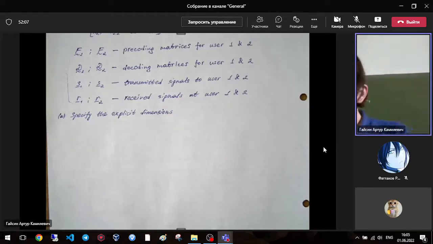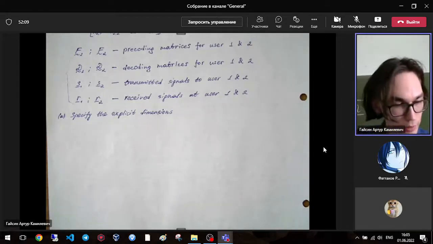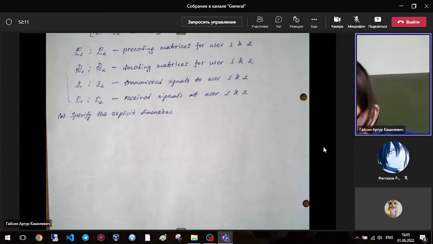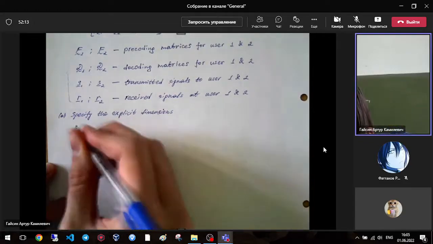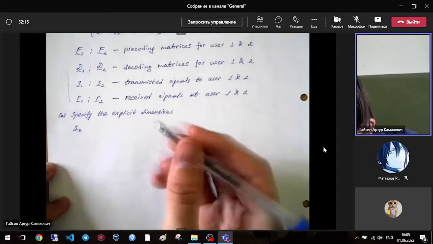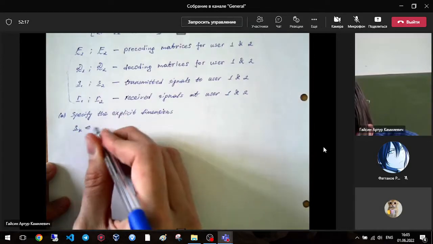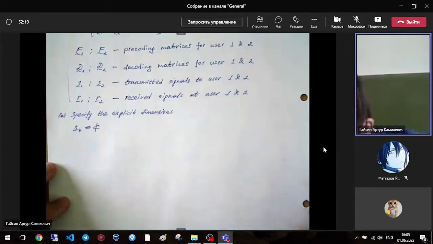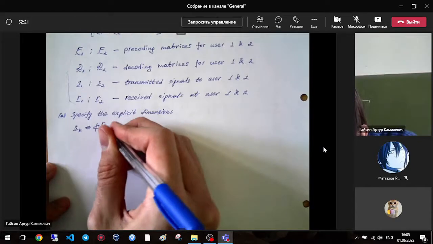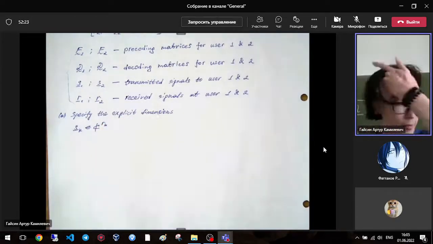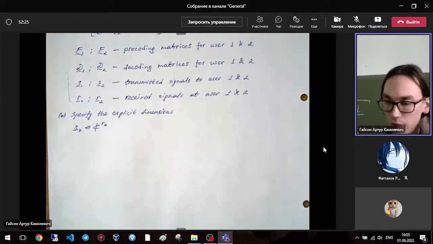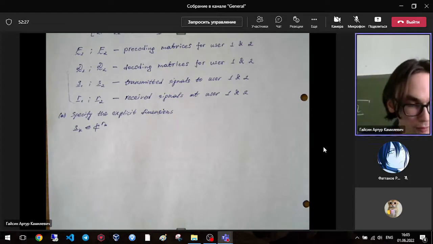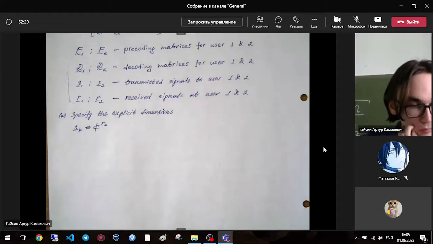So we can say from our notebooks, S_k has the dimension equal to r_k. Then what is next?